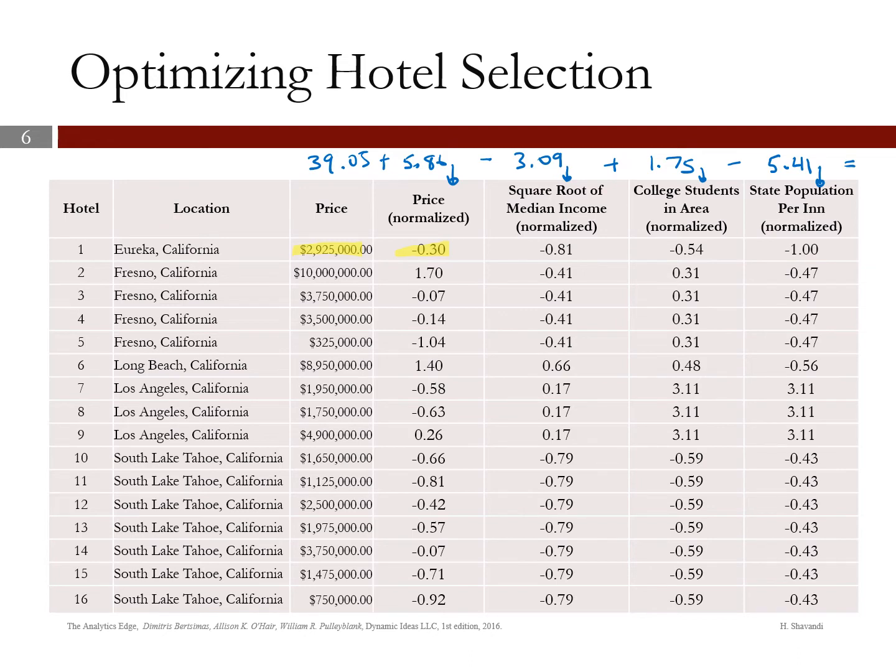Okay, the predicted profitability for that location. For example, for hotel 1, it becomes 44.24. Okay.